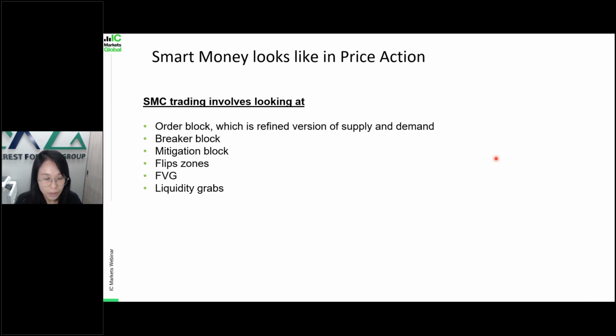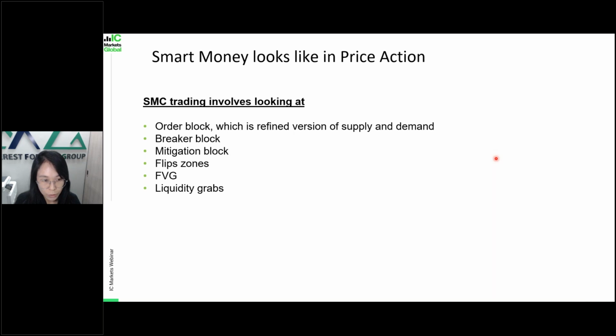Here are some of the key parts of the smart money market theory. An order block is simply a replacement for supply or demand. Breaker or mitigation blocks are what is traditionally called support and resistance.